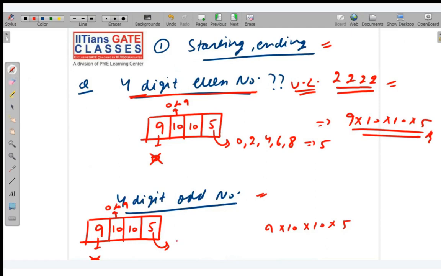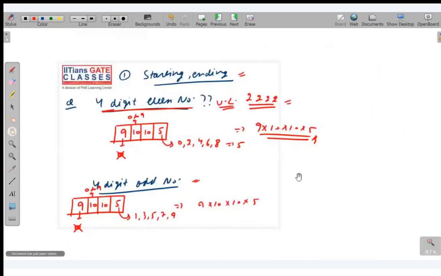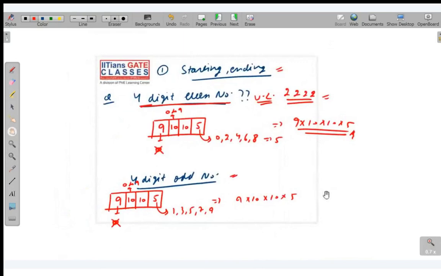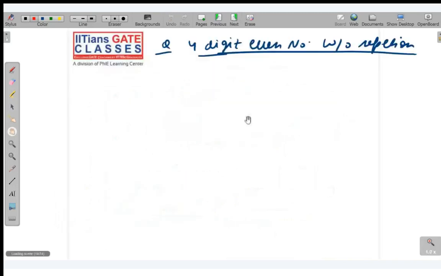That's it, odd. So same, 9 10 10 5. Now you can take a snapshot. Done, sir.